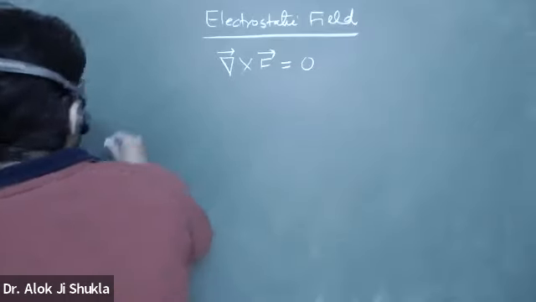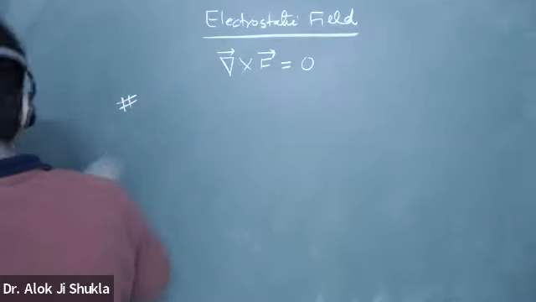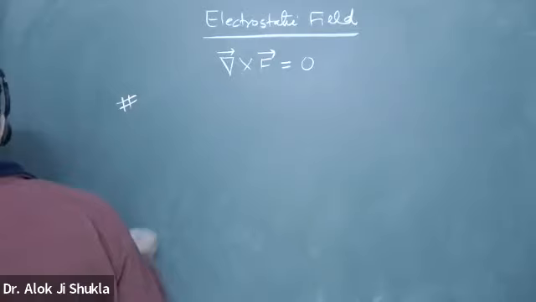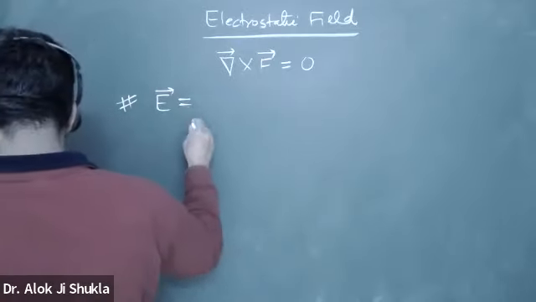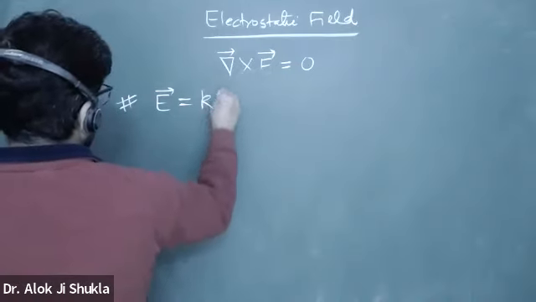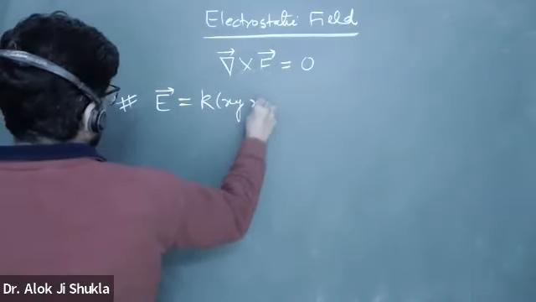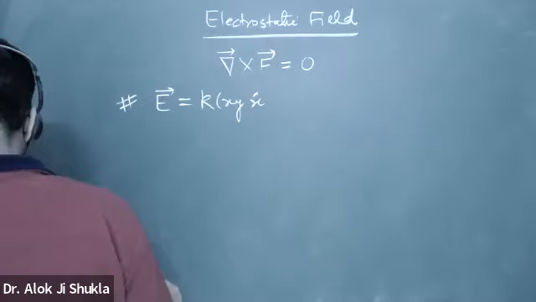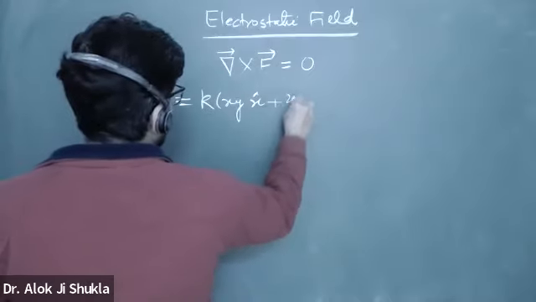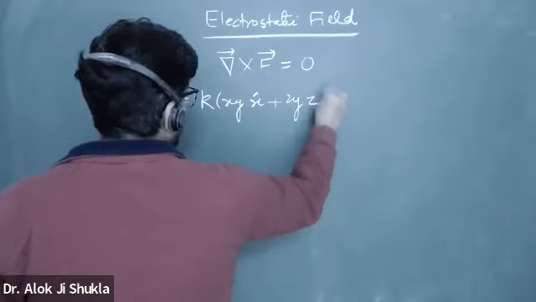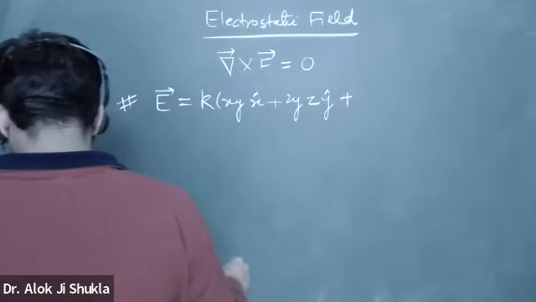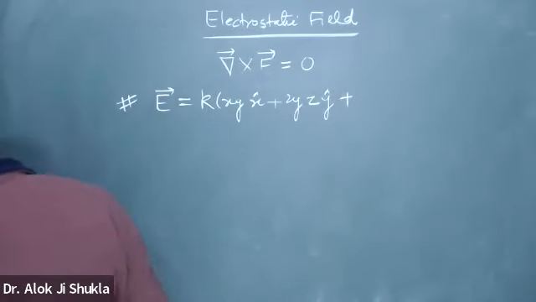Try this. Check whether it is an electrostatic field. E is equal to K times x y x cap plus 2yz y cap plus 3xz z cap.